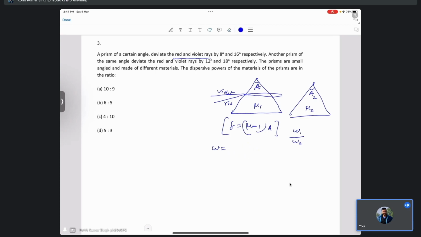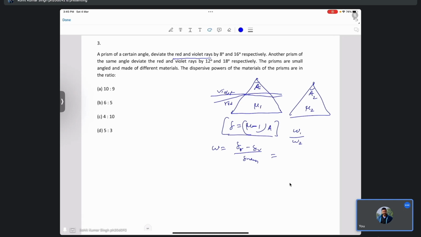Let's write first in terms of deviation: delta of red minus delta of V, by delta mean. Delta is the deviation. So this is the dispersive power, and from this formula we can write it in terms of refractive index.